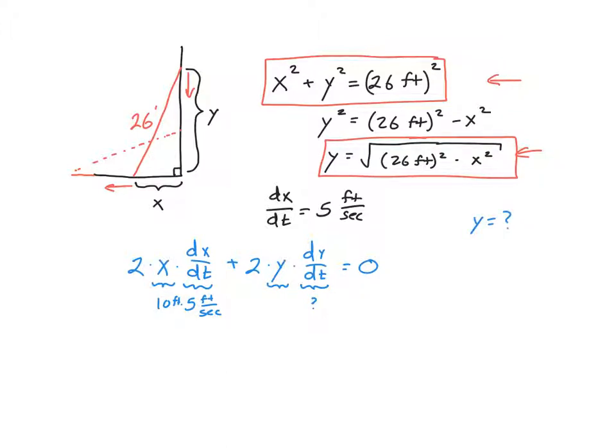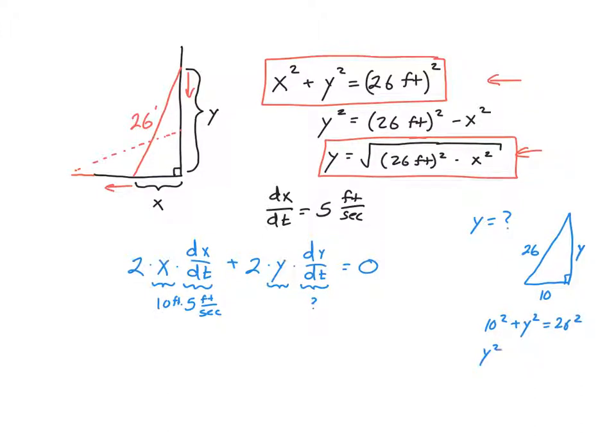So to do that, I'll just draw a little right triangle. And I know the hypotenuse is always going to be 26. And the bottom is going to be 10 because the base of the ladder is 10 feet from the wall. And this is going to be my y. So I can do a quick Pythagorean theorem to calculate what y is. I know 10 squared plus y squared will be 26 squared.